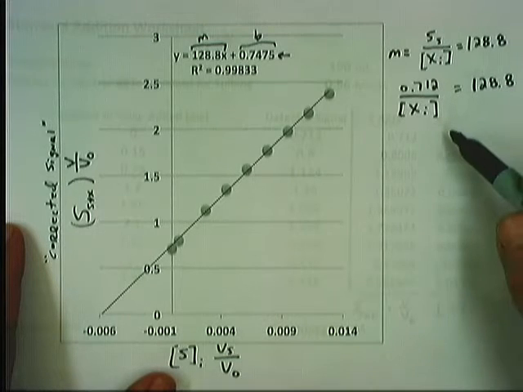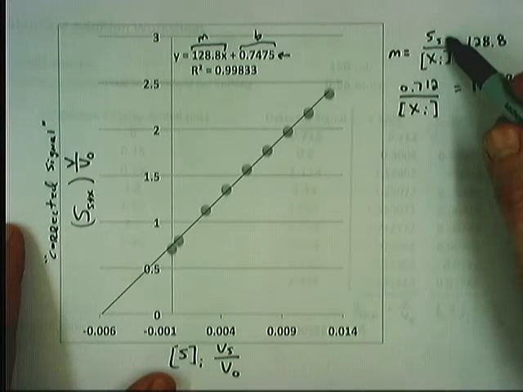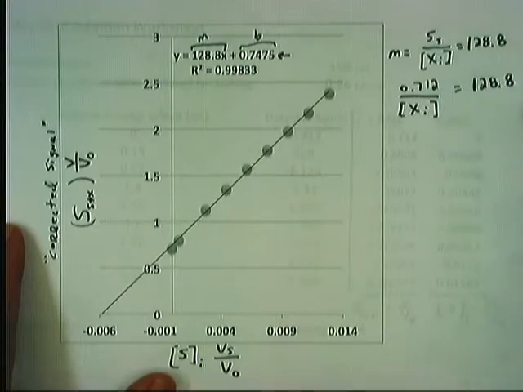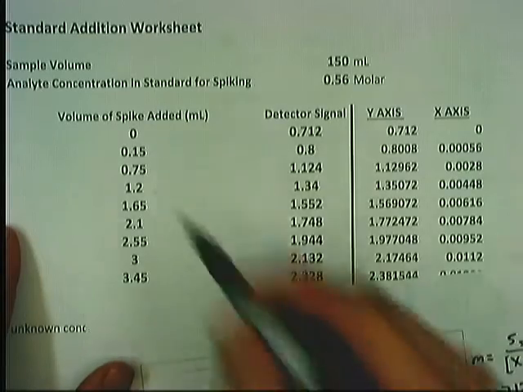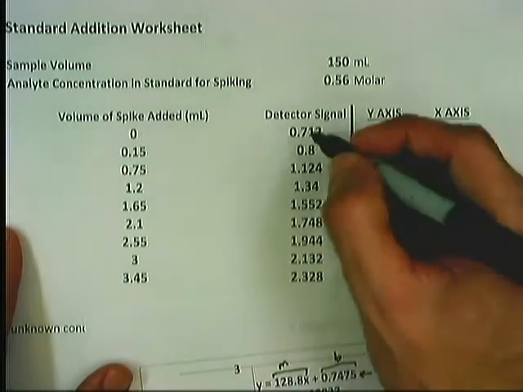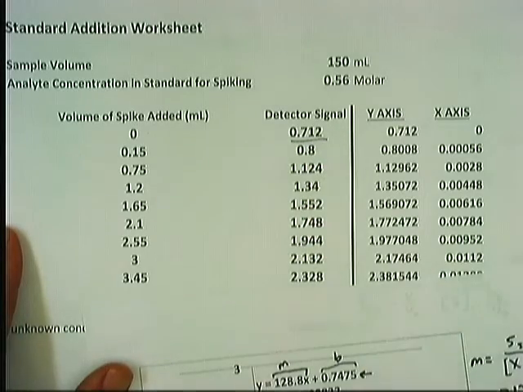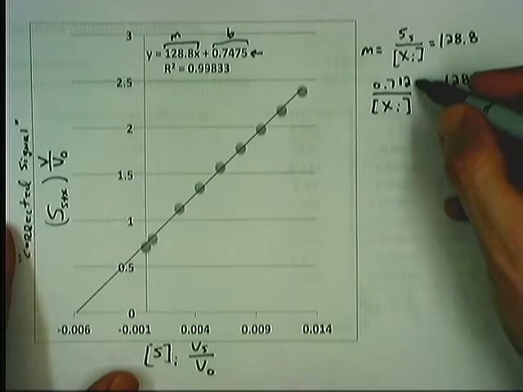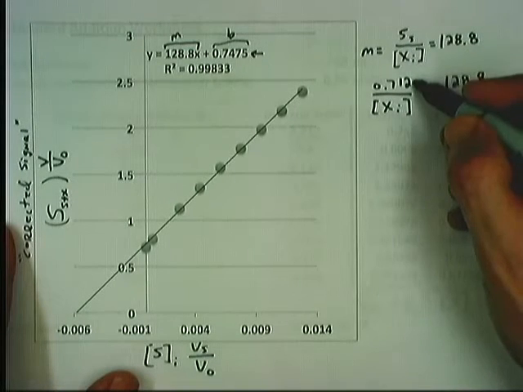Now the good thing about that is I know from my data pool what my original sample produced as a signal. I can look back in my data pool. When zero spike was present, that's my original sample, my detector signal was 0.712. So I can plug that in for my S with the subscript of S, because that's what that variable is, that original signal.